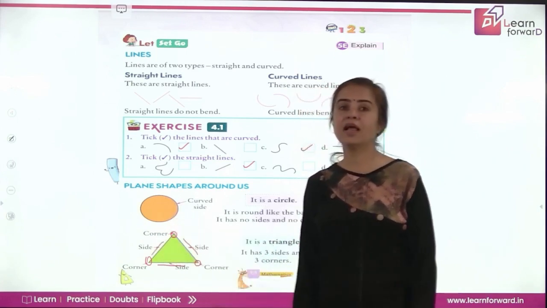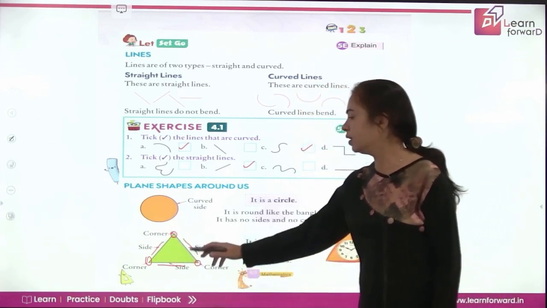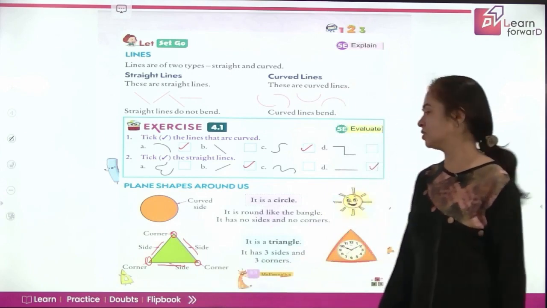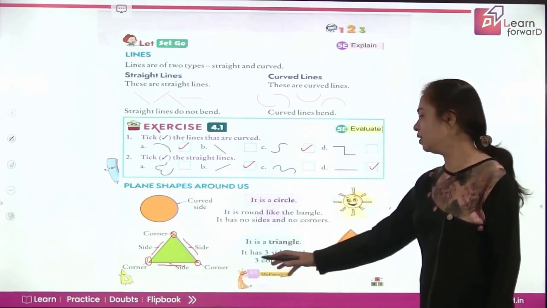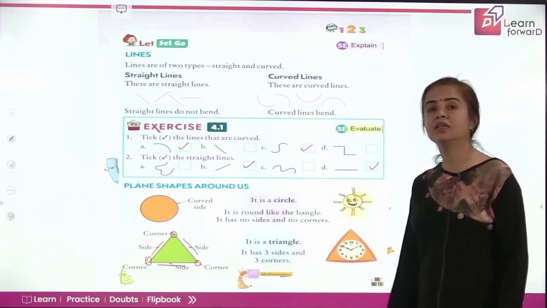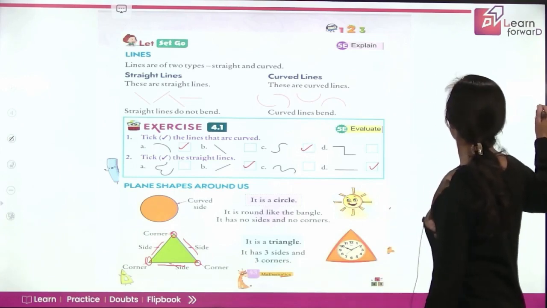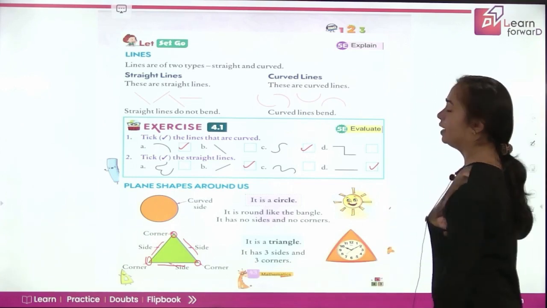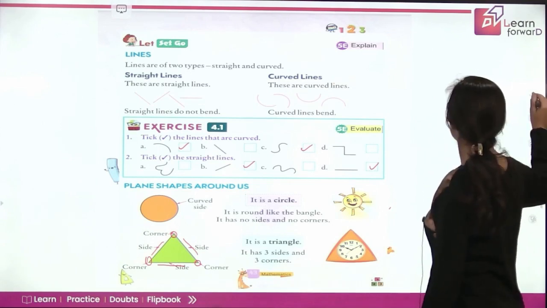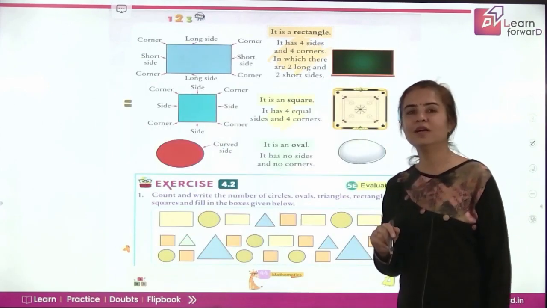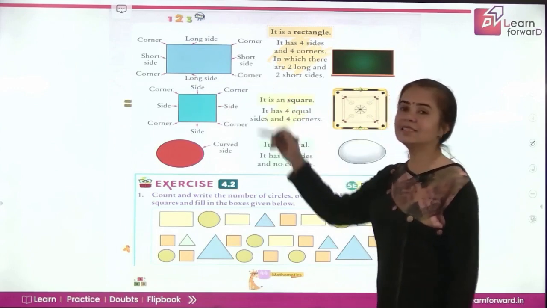Here the circle has a curved side, but here it has 3 straight sides. So it is a triangle, it has 3 sides and 3 corners. The example you have already given me, that your eraser is triangular, and then I also told you that your sandwich is also triangular.